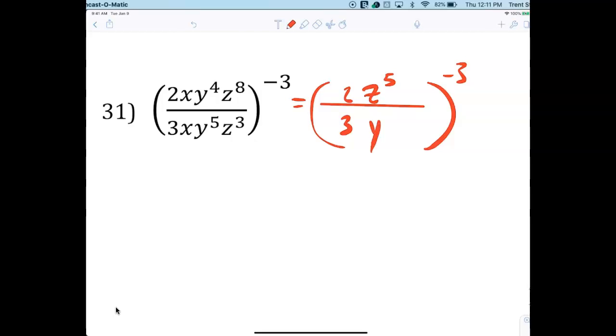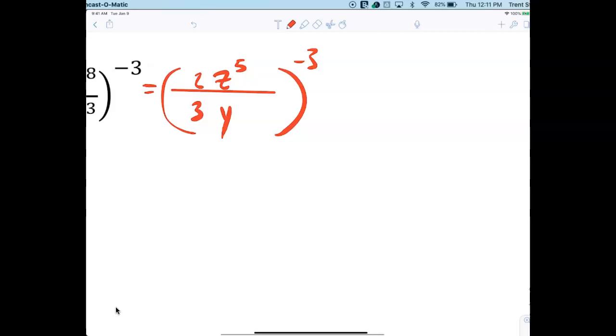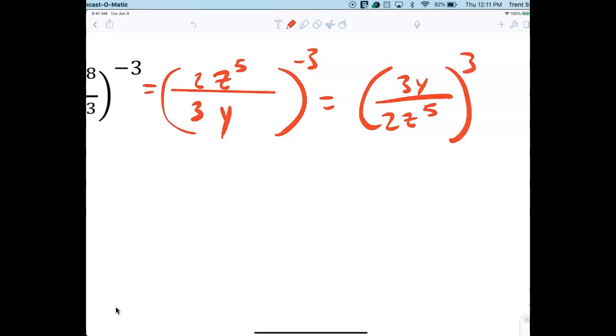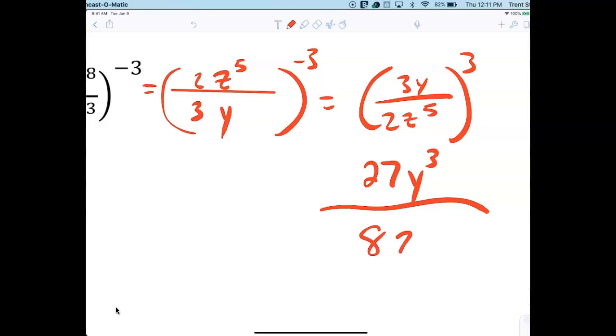Now, because it's a negative exponent, what do I do? That's exactly right. And then what's 3 cubed? Good. Y to the... good. 2 cubed. Z to the... that is correct. Very, very good. All right, nothing to it.